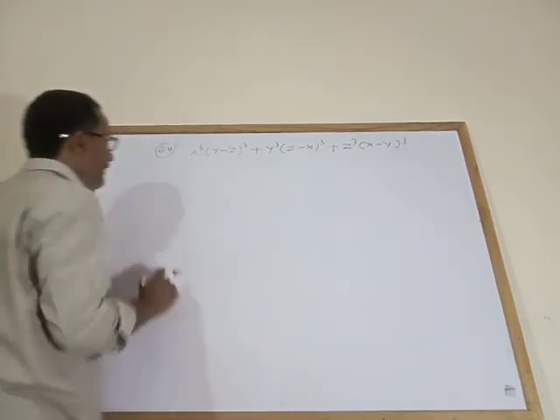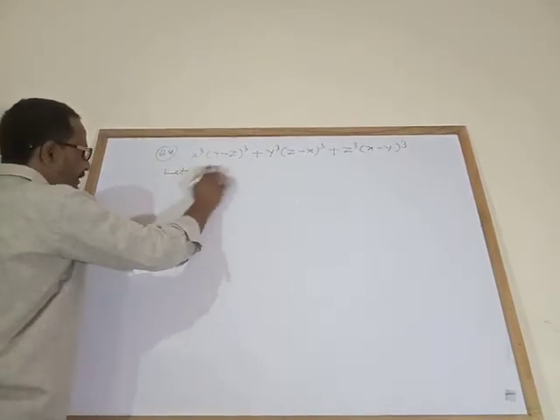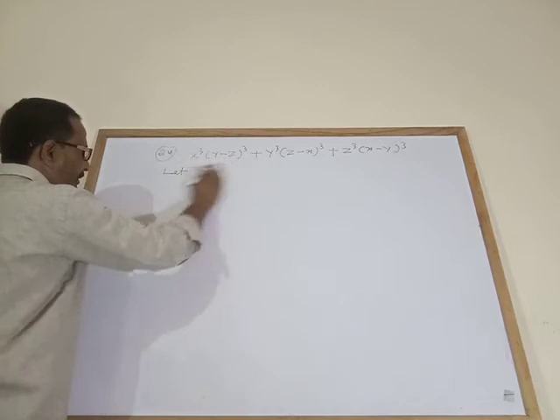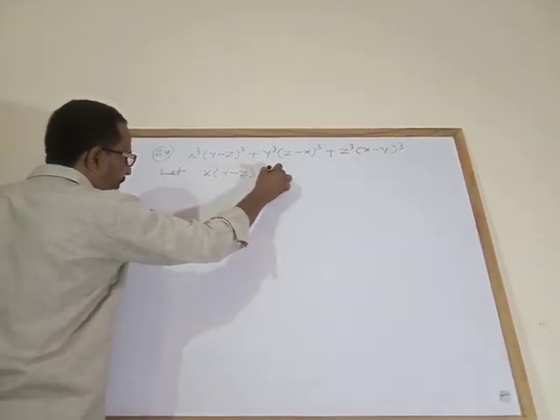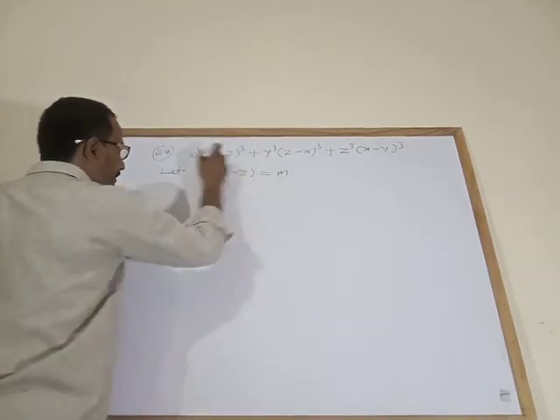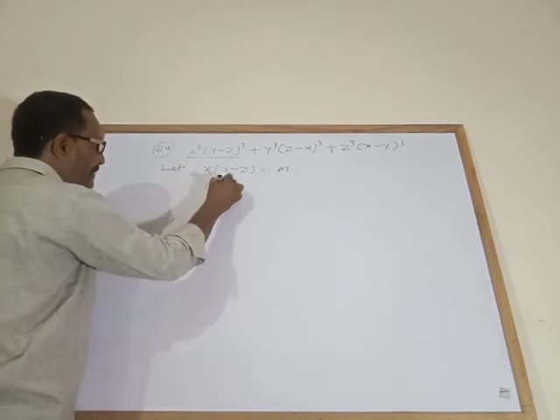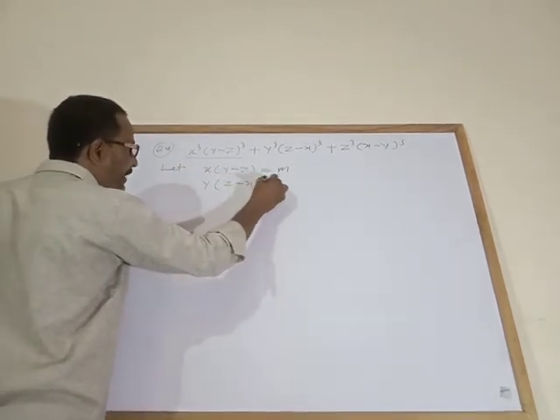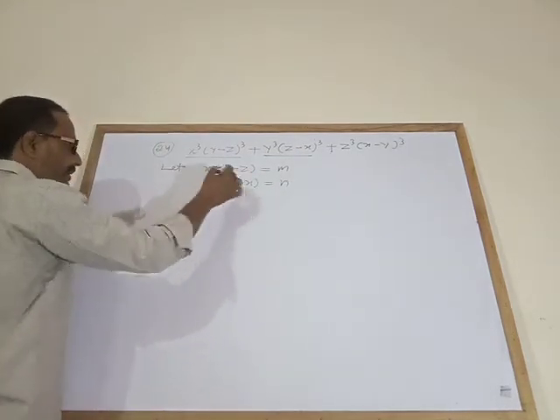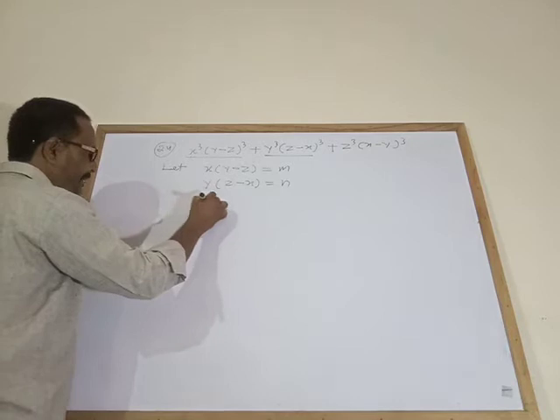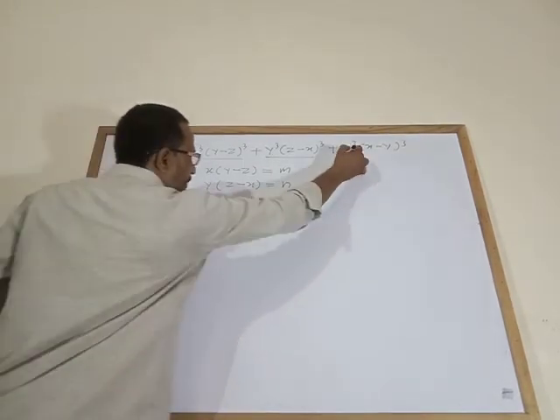See that, let x(y − z) be equal to m. Second, I have considered y(z − x) as n. Third, z(x − y) as p.